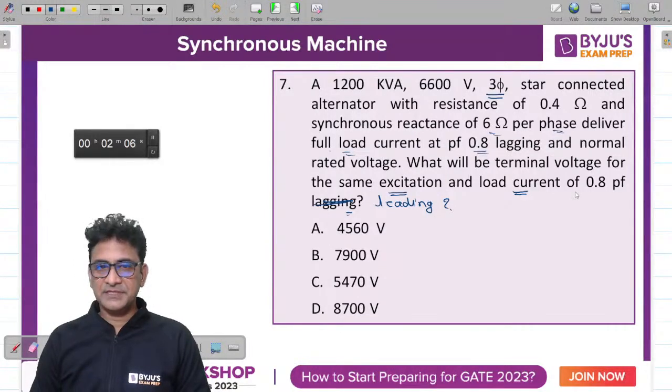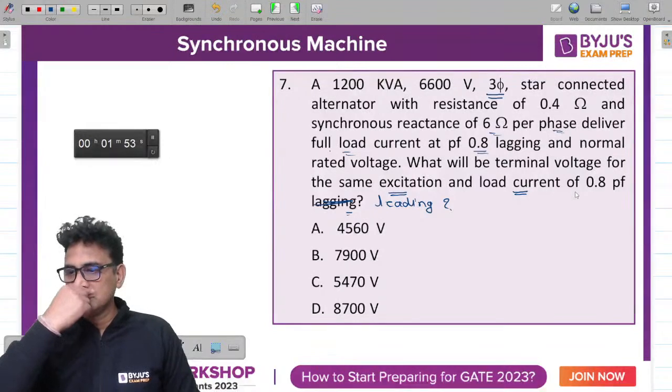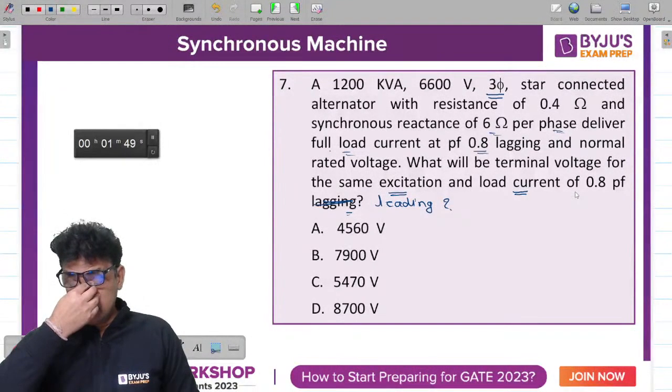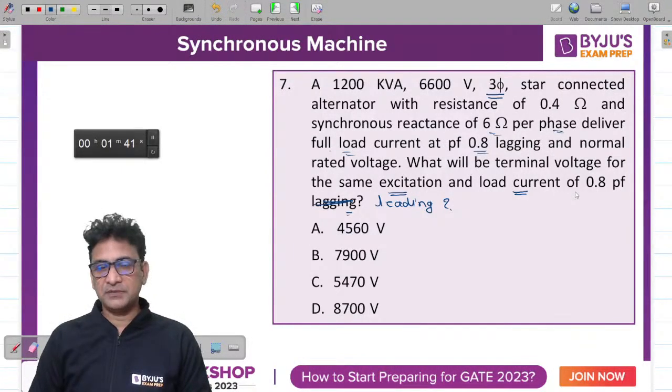If it is a 3-phase machine, always convert every quantity into the per phase quantity. You still have 1 minute and 41 seconds.